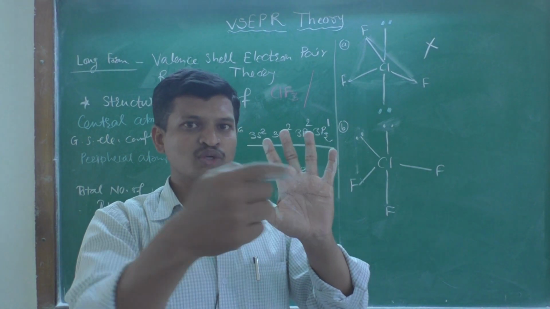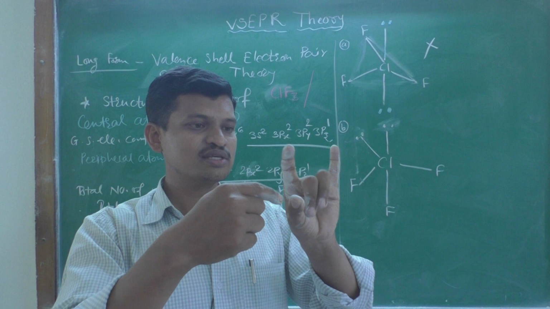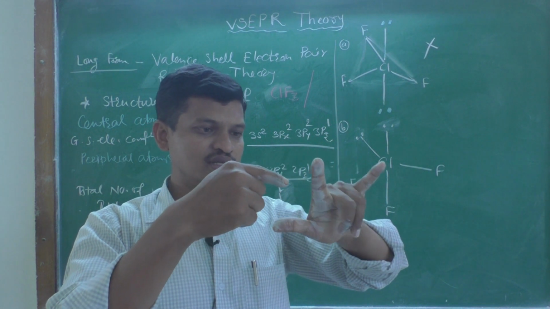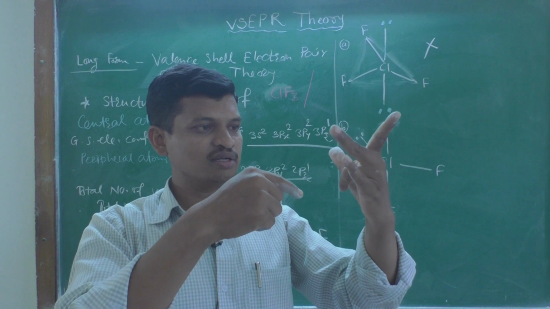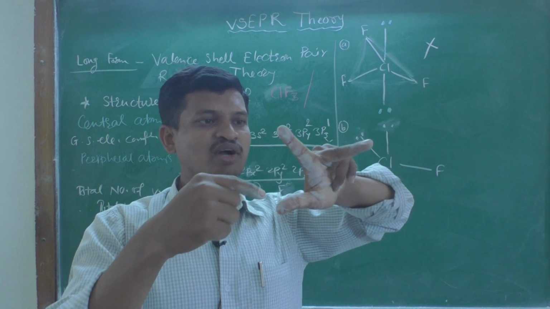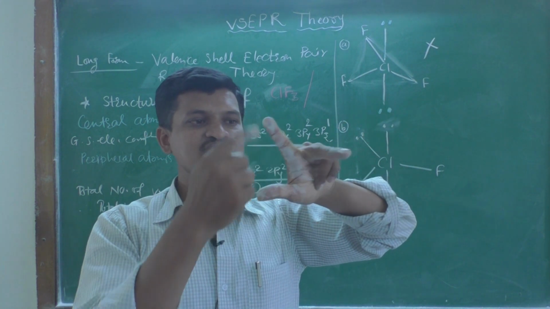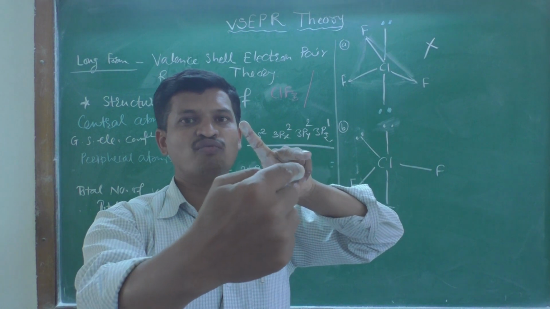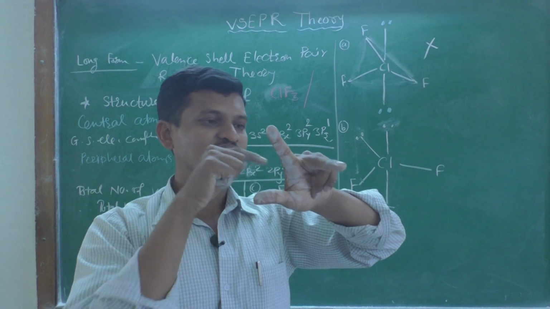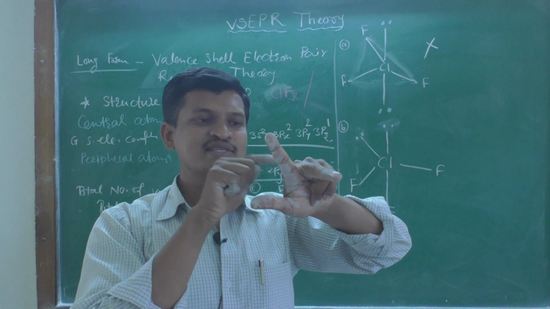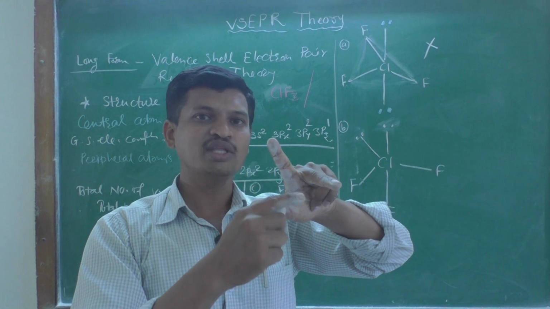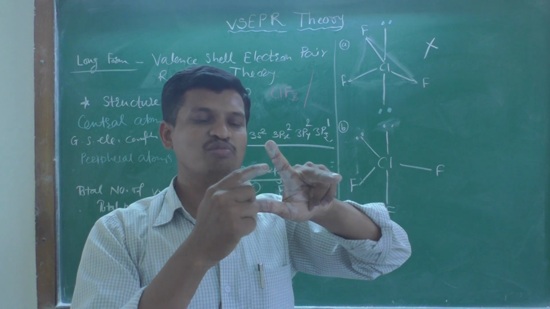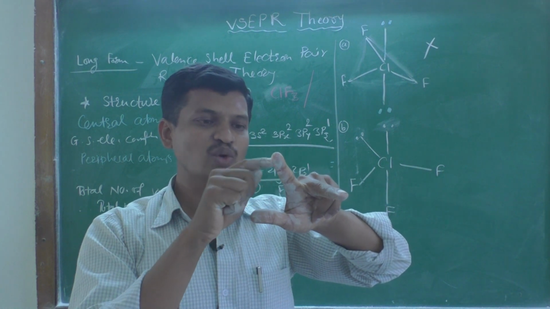So like this we can say, 1, 2 and 3, this is a triangular face, and the fifth one is pointing towards you. This is axial, this is also axial. As the two lone pairs are present on the equatorial position, there will be less repulsion between lone pair and bond pair.